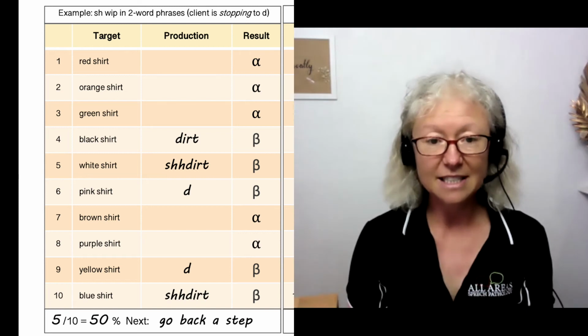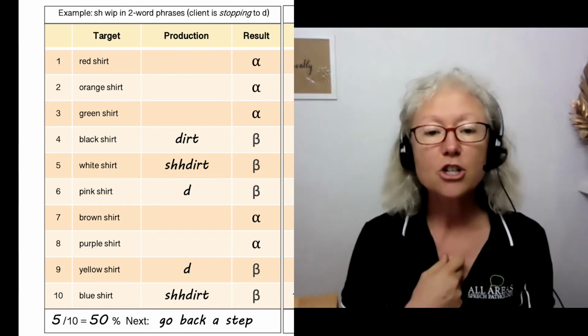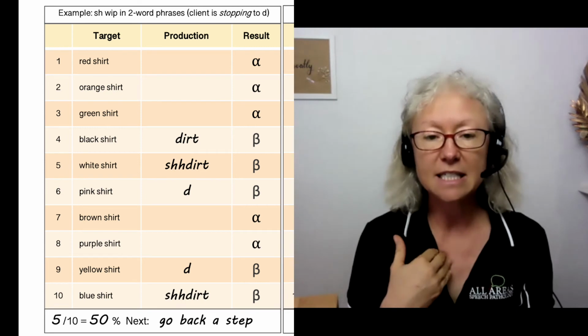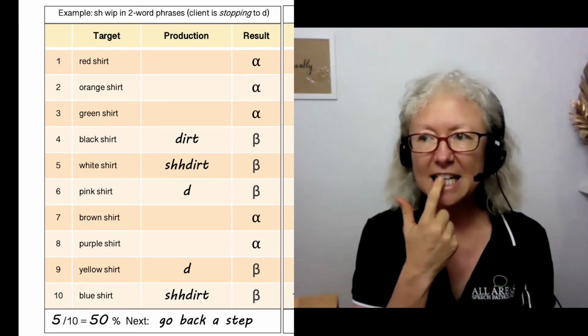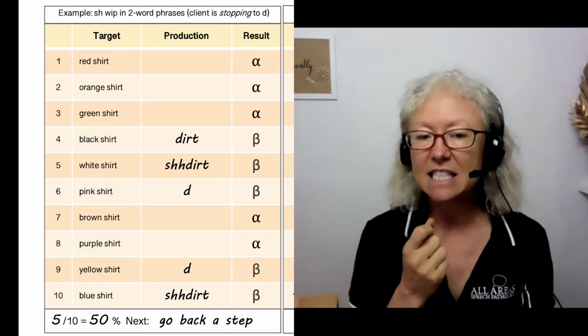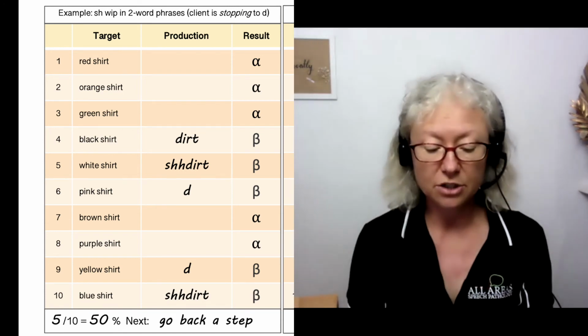The client is stopping to d. That means they've taken the long fricative sh and they've changed it to the plosive d. They've stopped the air with their teeth and their tongue d, instead of allowing it to flow out under friction. Shh. So it's called stopping.